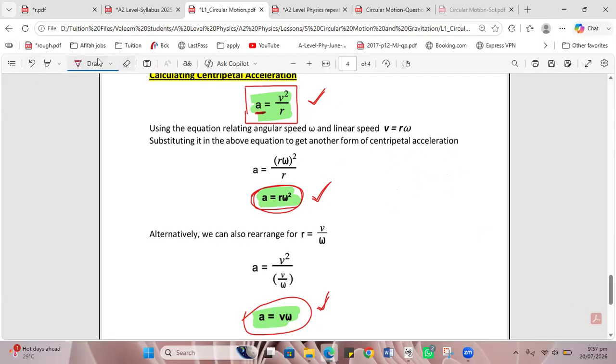For example, for the first one, it should be mv squared upon r. For the second one, m r omega squared, sorry. And similarly for the third one, the final one, m v omega. Got it? So now you have the formulas for centripetal acceleration and centripetal force.